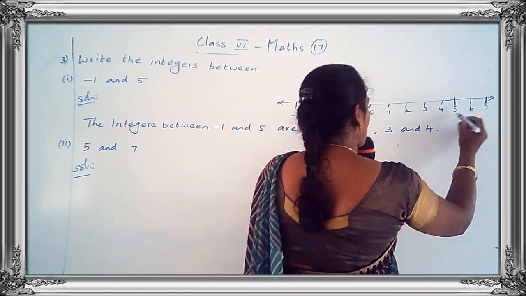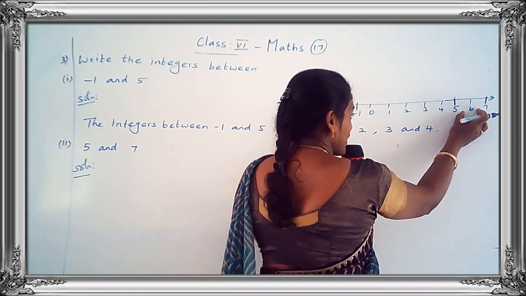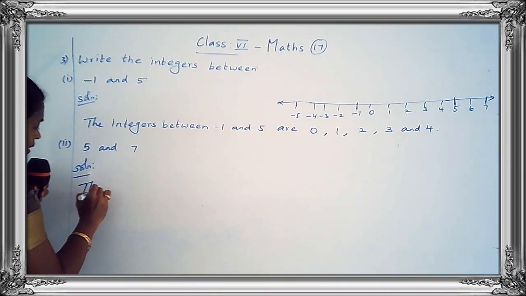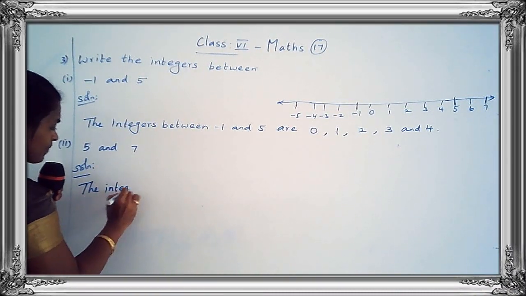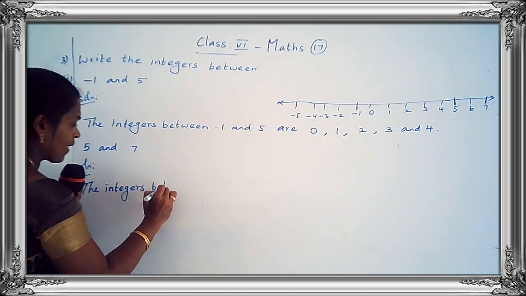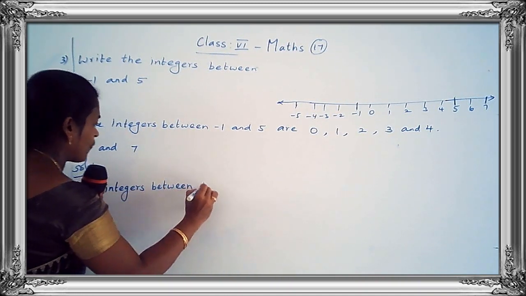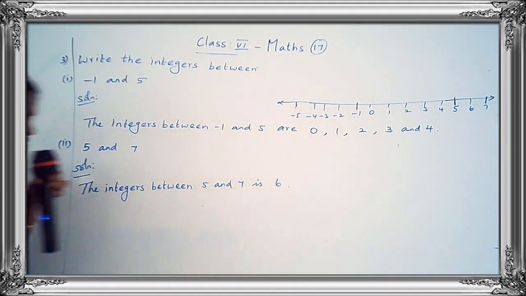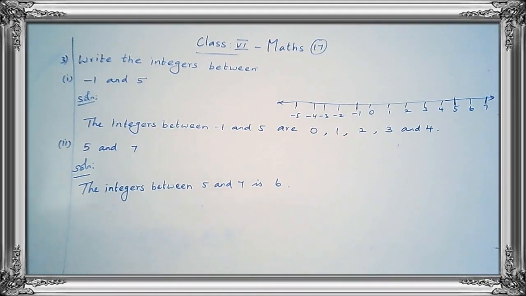So the integers between 5 and 7, which number is there? 6, okay. So you write the answer. The integers between 5 and 7 is 6. Yes children, what number is there between 5 and 7? What integer is there? 6, okay. The integers between 5 and 7 is 6 only, okay.